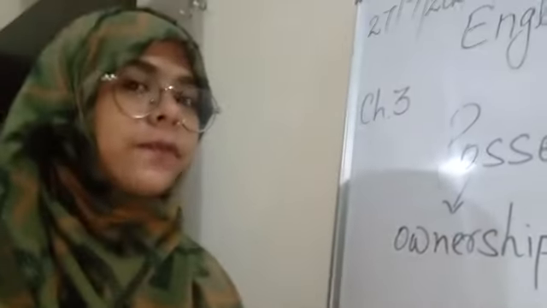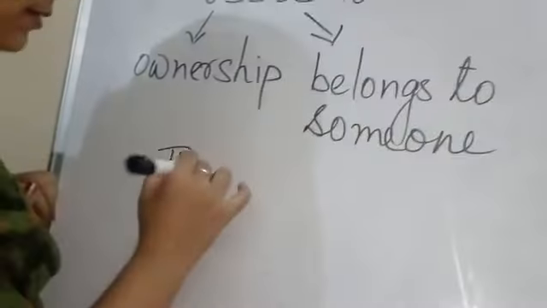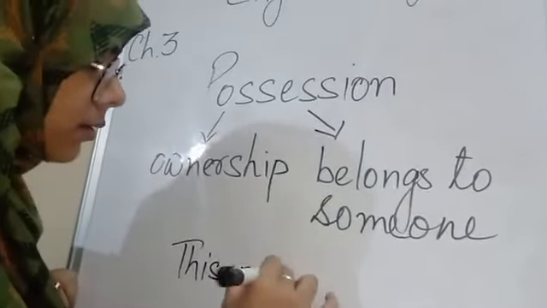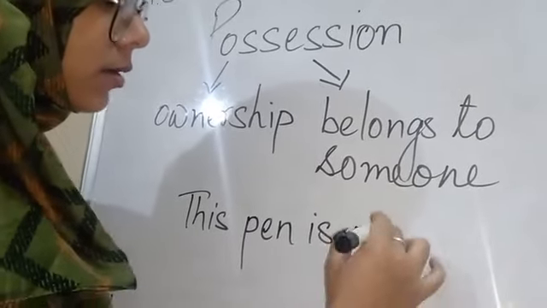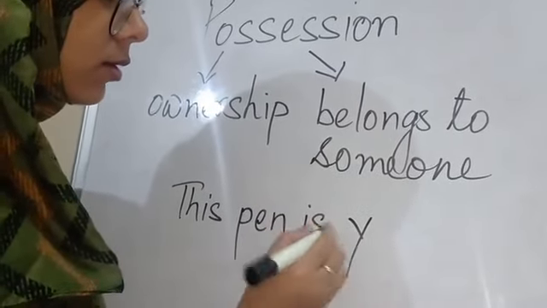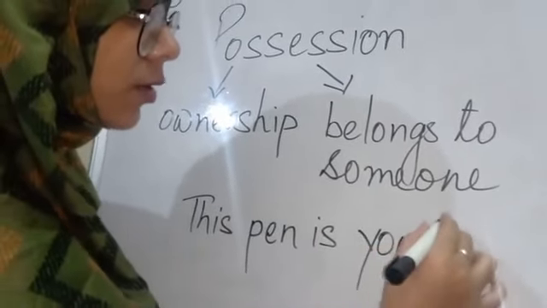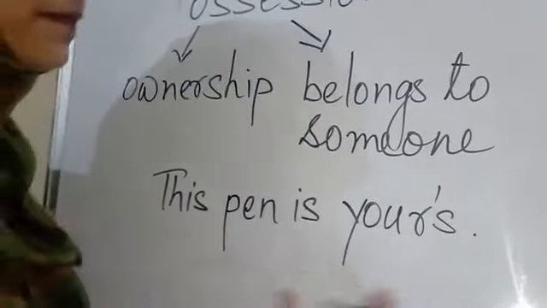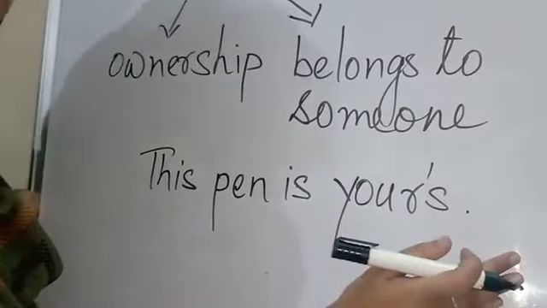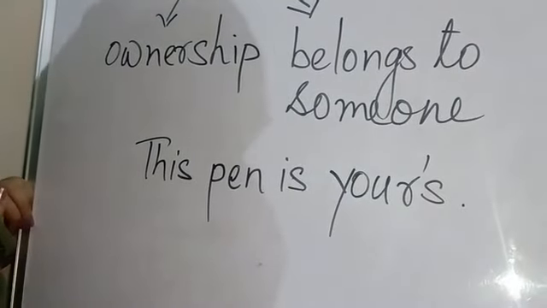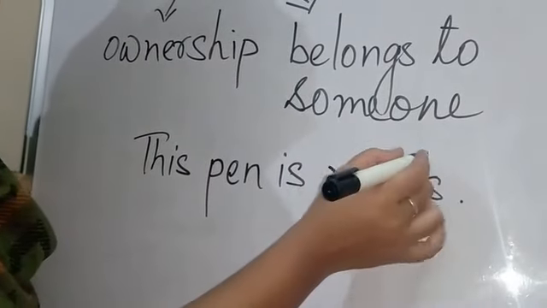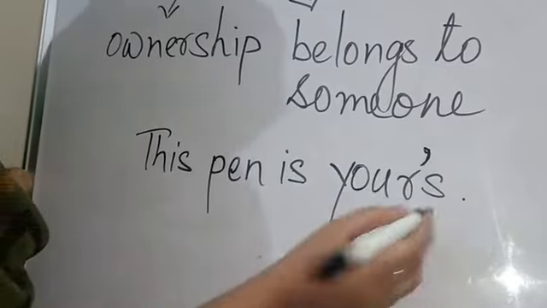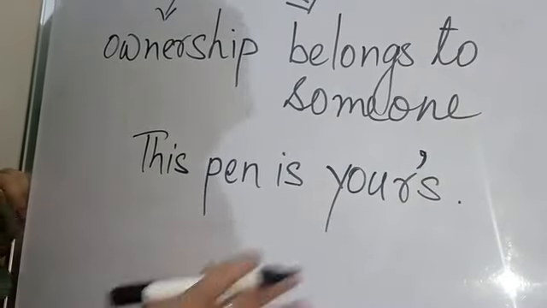Let me tell you one more example, and a difference. See, this pen is yours. If I ask you whether the sentence is correct or not, because yours is used here, आप कहेंगे apostrophe S है, sentence is wrong. Why?